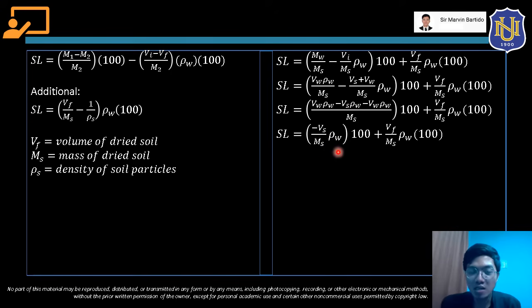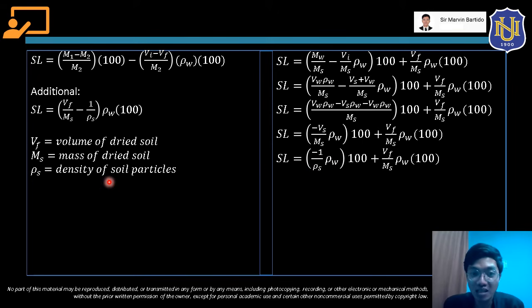So dito class, 'di ba, ang M sub S over V sub S, yun ay density ng soil solid. Tama? So ito, nagbaligtad kasi ito, so reciprocal. So yung mangyayari lang, it will become negative 1 over rho sub S, wherein itong rho sub S nga, density yan ng soil particles. 'Di ba? Ayan. So ganito class yung mangyayari sa formula natin.